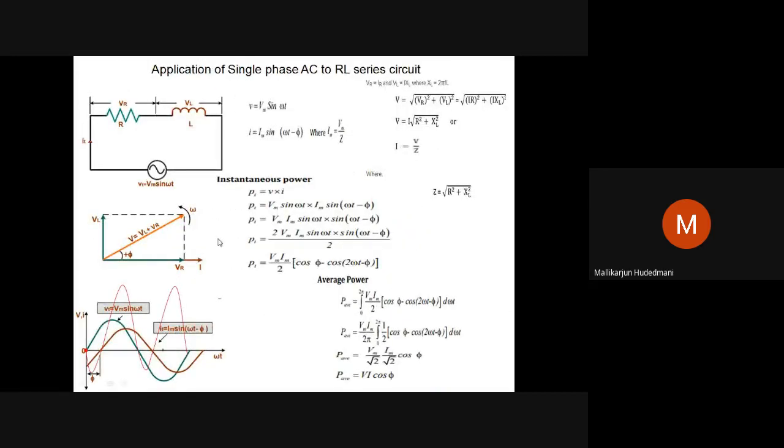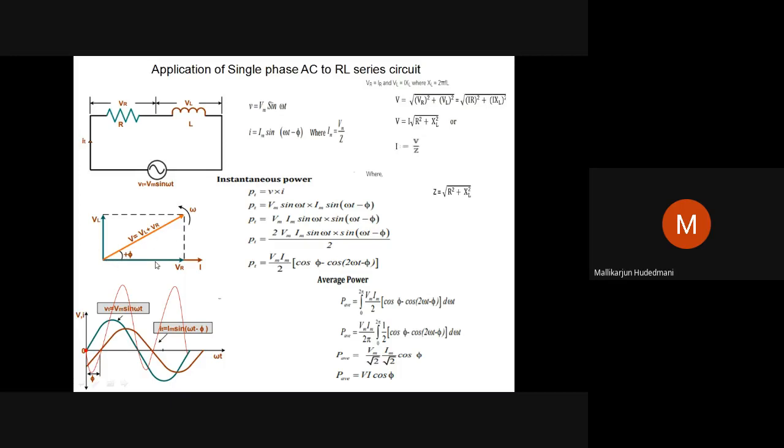Okay. Inductive system. So from this, when we represent a triangle, this is VR, correct? When I take this with respect to V, where is that I? I is behind this by an angle phi. Am I right? This is the applied voltage, correct?